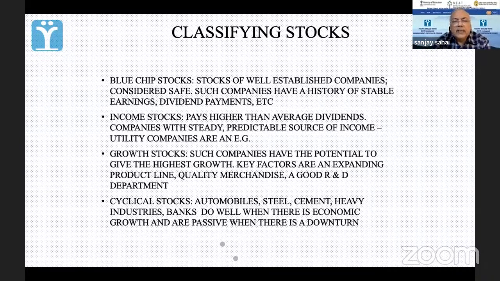But if you take these industries, automobiles, steel, heavy industries, these tend to do better when there is an economic boom. And since banks also give lots of loans to these industries, because these industries are capital intensive, इनको खड़ा करने के लिए बहुत पैसा लगता है, so they have to borrow also.